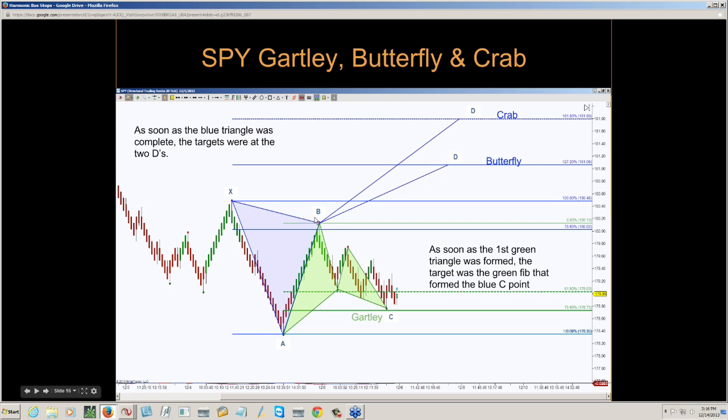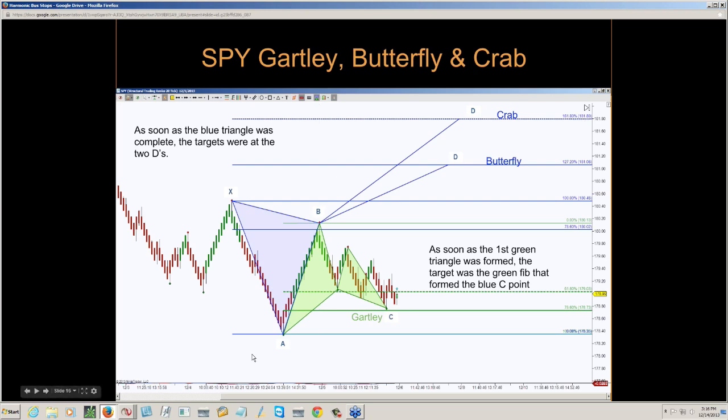Now, because it retraced 78.6%, I automatically know my targets. If it gets back above this point of the triangle, I'm talking about the blue one, it's going to have the 1.272 and the 1.618 targets for completions of this particular harmonic pattern, okay?